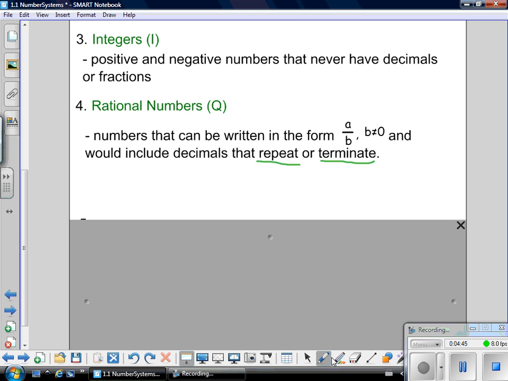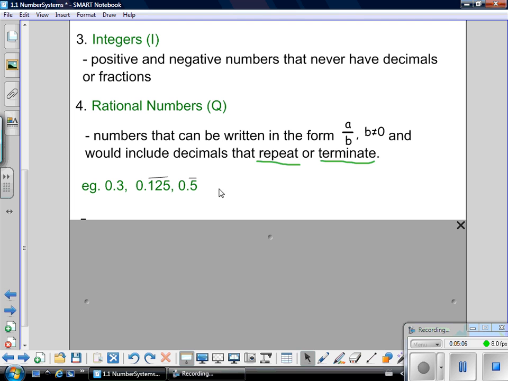Okay, so examples of this would include 0.3, 0.125 with the line above remaining repeating. So it would be 0.125, 125, 125 forever and ever. Or it could be 0.5 repeating.